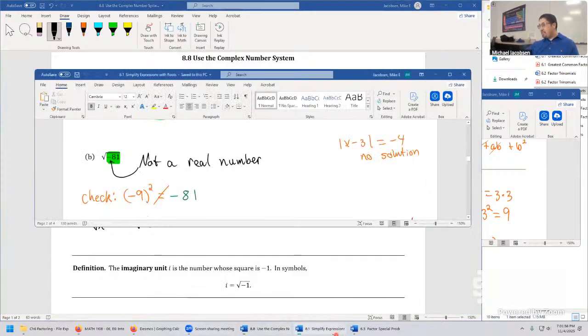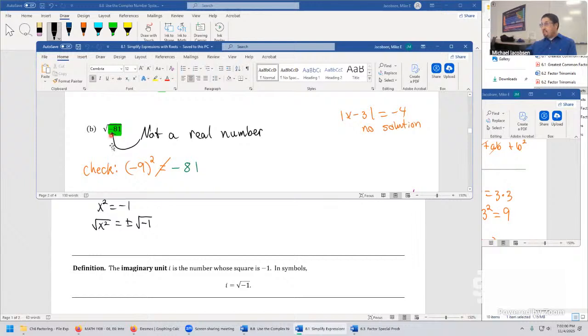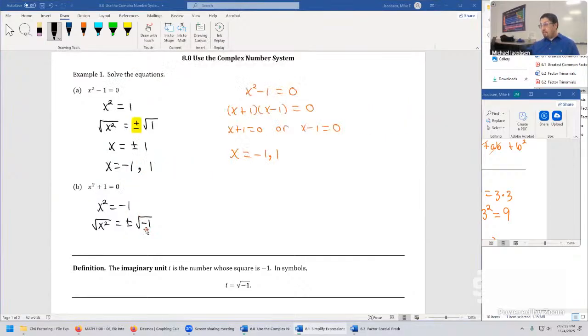But that definitely looks odd. That's kind of like looking into square root of -81. If you try to come up with a real number to check this against, the check always fails, like when we discussed in this portion here. So square root of -1 is not a real number whatsoever, but it's a new kind of number.